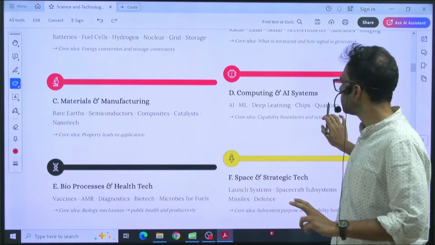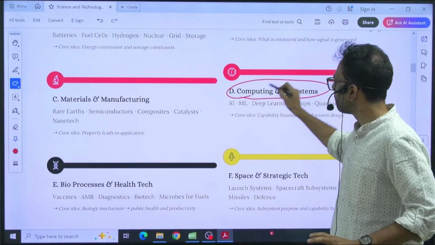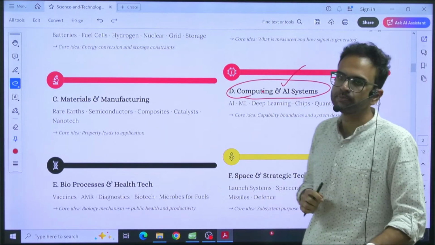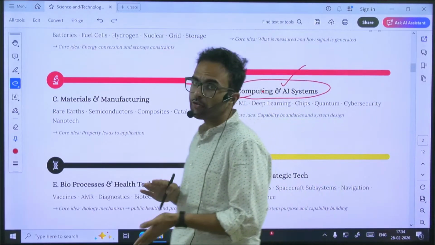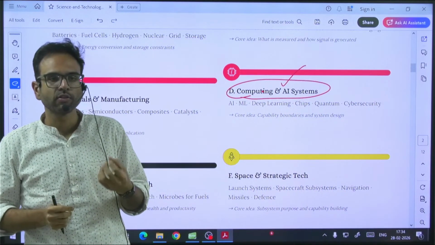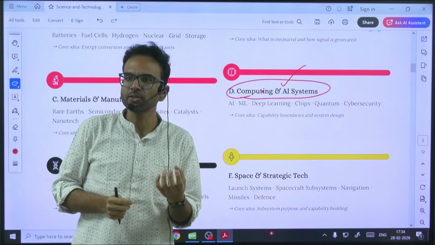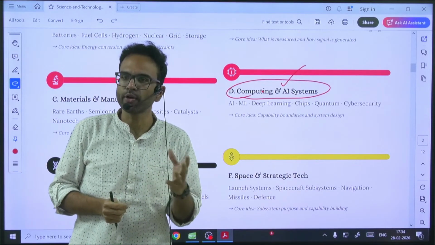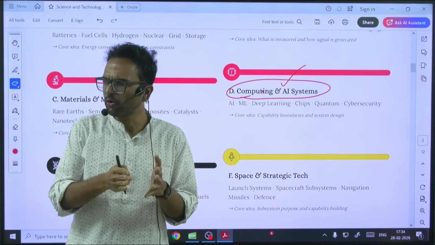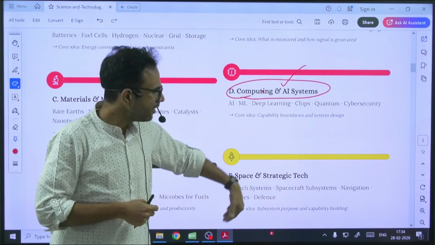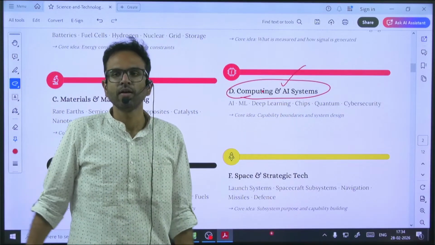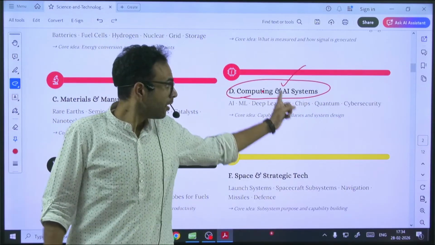Then we'll be moving towards the trending topic, computing and AI systems. So here we are going to talk about the software aspects, the software that is responsible for Industrial Revolution 4.0. We spoke about IR 4.0 in multiple contexts. We will see what they are again in the subsequent classes.